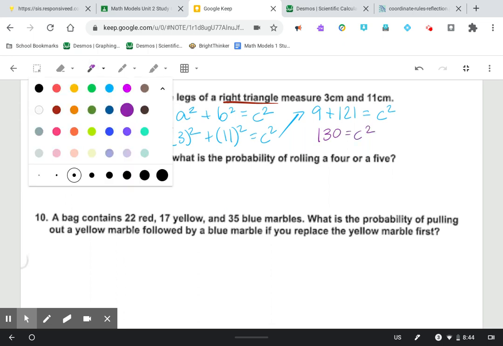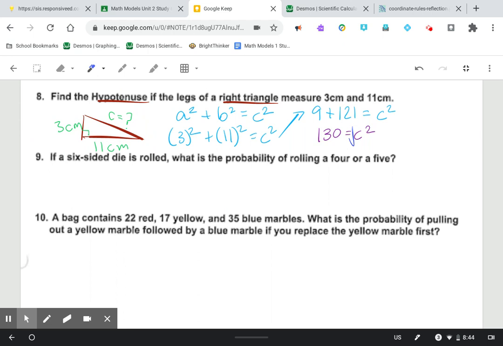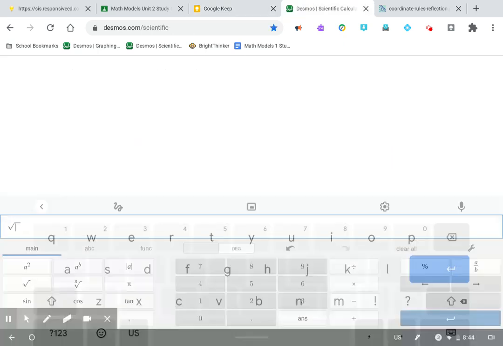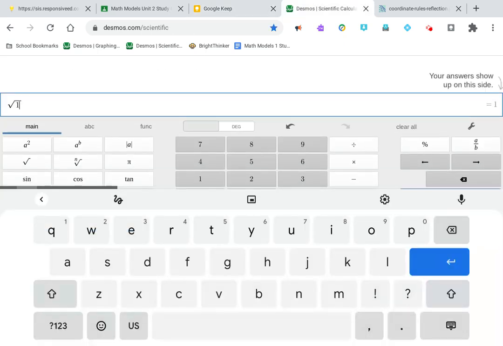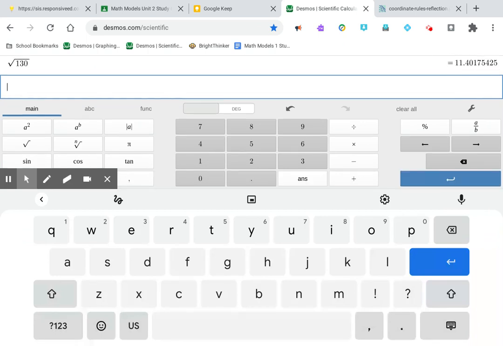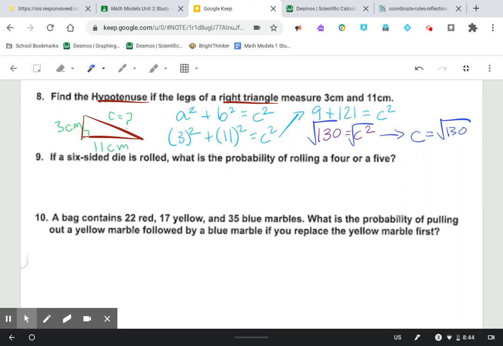And then the final step of the process is to take the square root of both sides. You should remember that. And so c equals the square root of 130, which we can use the calculator to find. It's about 11.4. So you could put that as your answer as well. C is approximately 11.4.